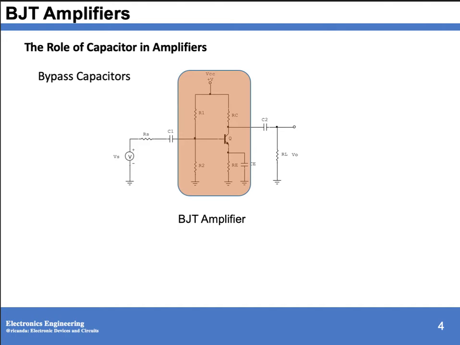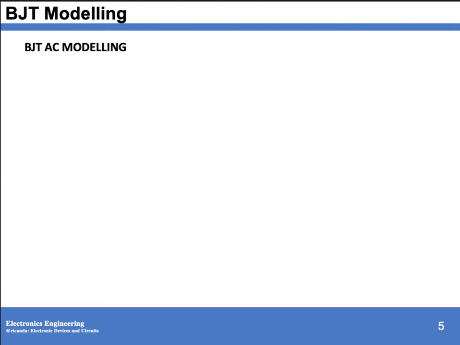So resistor RS is not part of your amplifier and resistor RL is not part of your amplifier, because RS is part of your input elements and your RL is part of your load element. So CE is what you call your bypass capacitor.